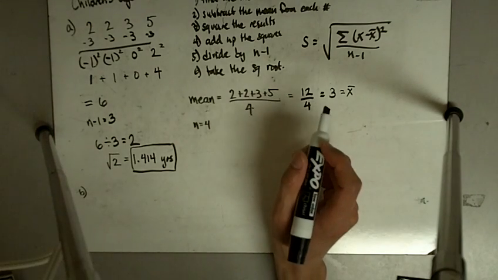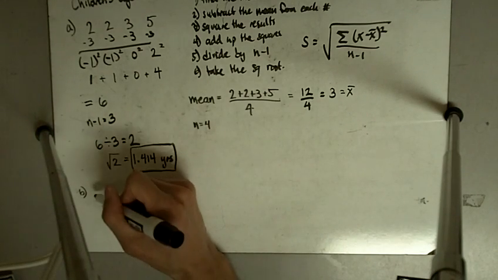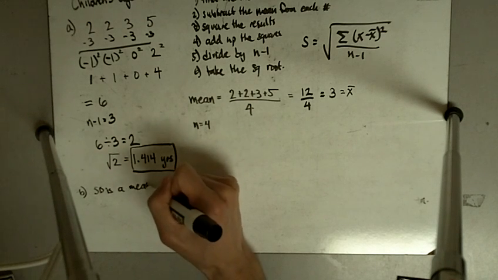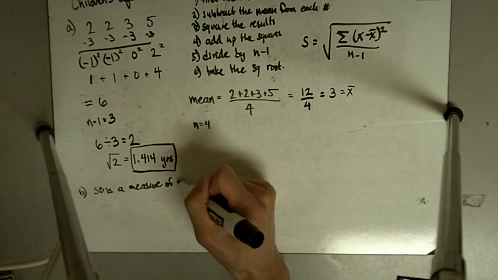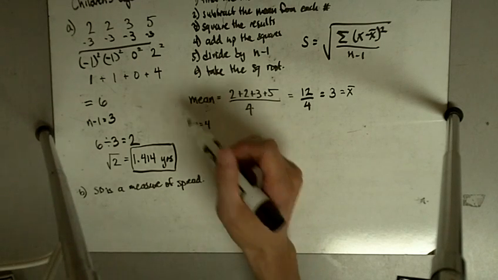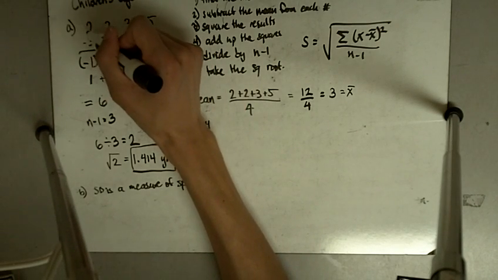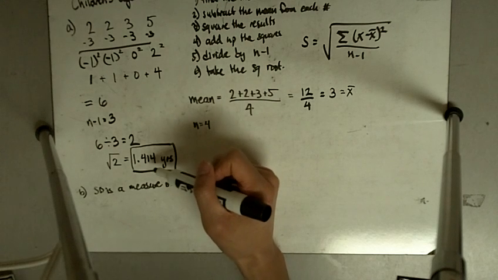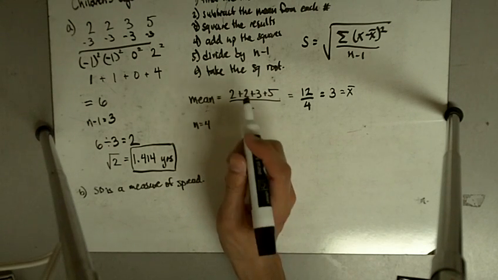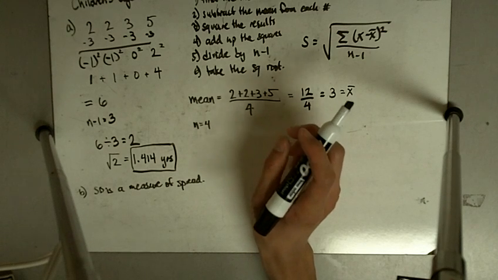Okay, so standard deviation is a measure of spread. Right now we say the amount of spread in these 4 ages, 2, 2, 3, and 5, is 1.414. In 20 years, is the amount of spread between the people's ages going to change?